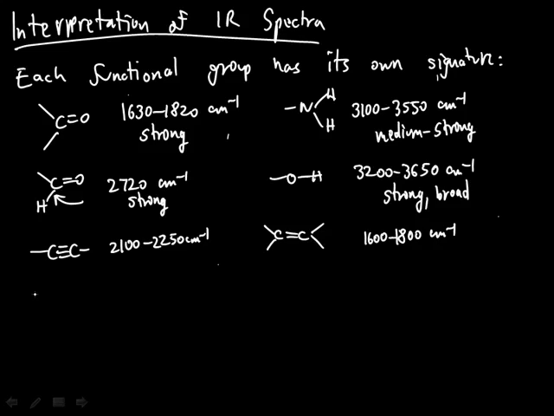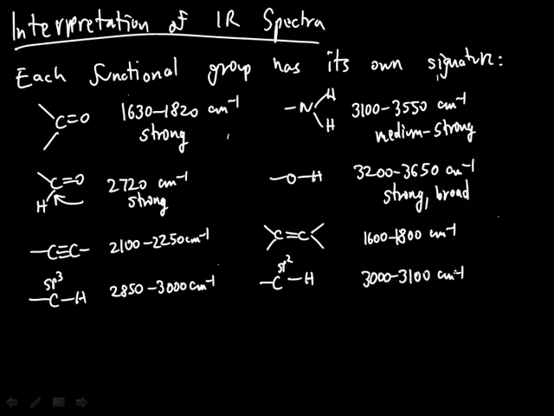And interestingly and very usefully, the CH bonds absorb in different regions depending on the hybridization of the carbon right next to them. They're all medium to weak intensity vibrations, but the sp3 carbon bound to hydrogen will be 2850 to 3000, so below 3000. The sp2 carbons, their CH bonds are between 3000 and 3100.